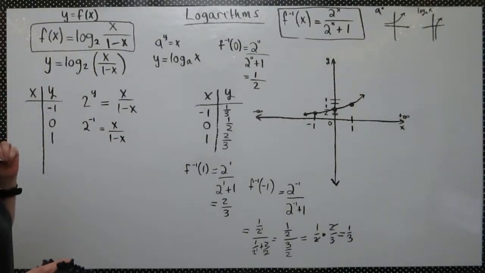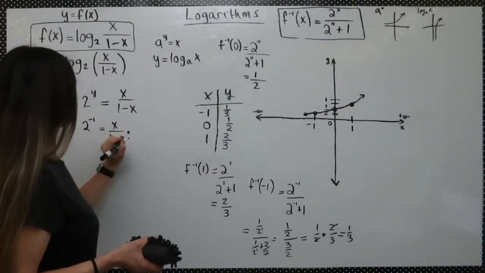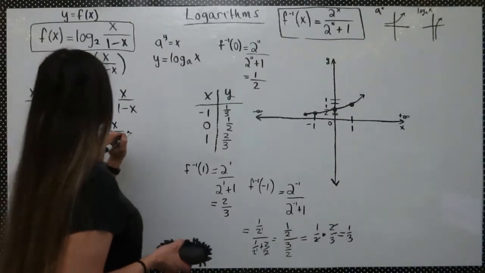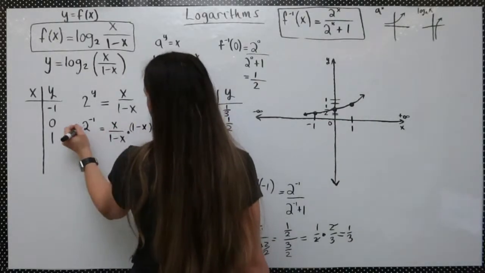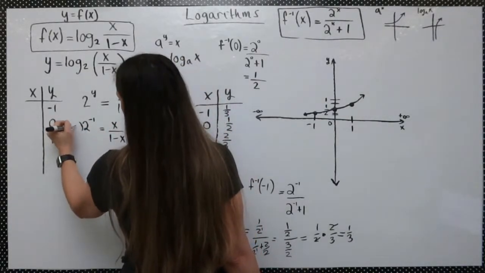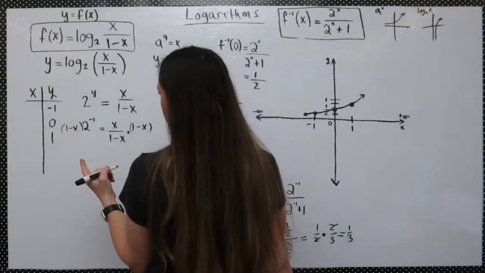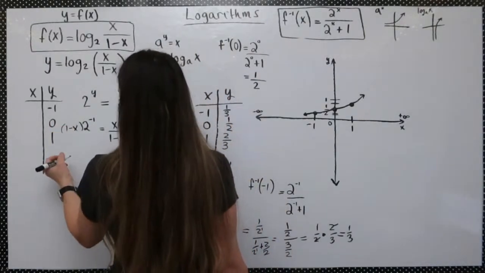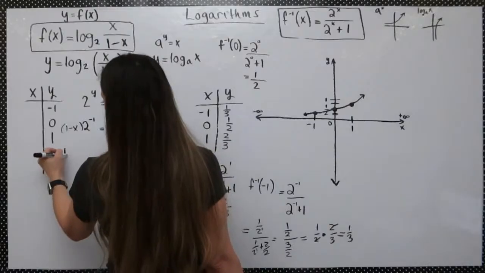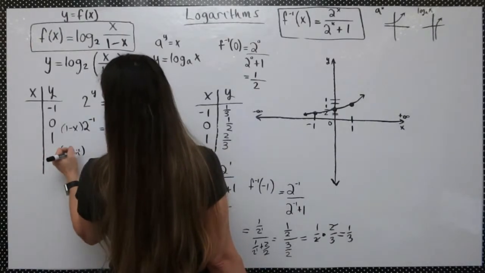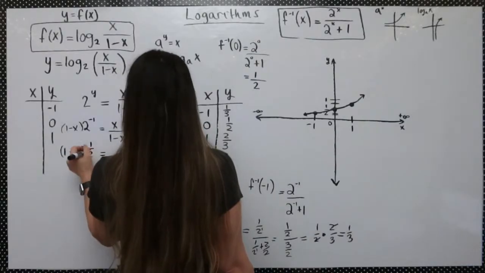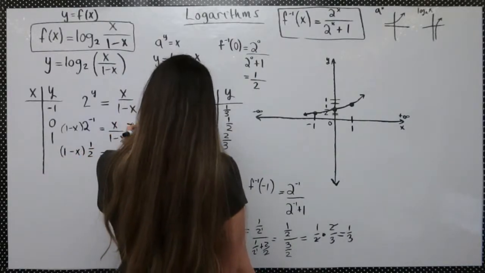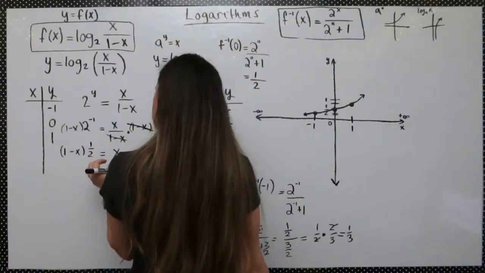Let's see what happens with this first one. This is going to be 1 minus x times 1 minus x. And this is 1 minus x times 2 to the -1, which is 1/2. And then these cancel and you're left with x.